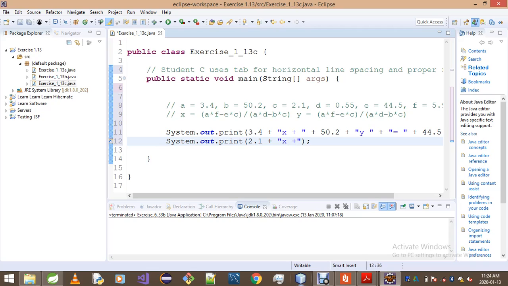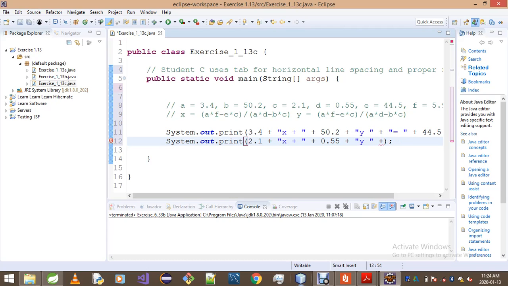plus, it's actually x plus. Concatenate that with 0.55, and then we gotta also concatenate that with y, and then we add the plus sign, and then we have got to put, oh, I mistakenly put this, I shouldn't have put that.